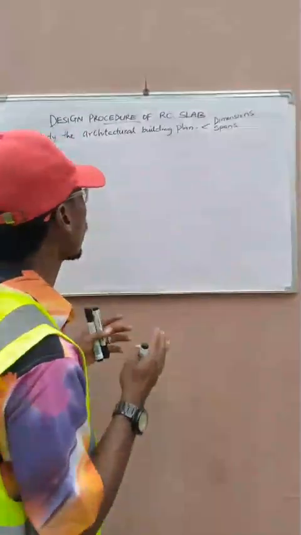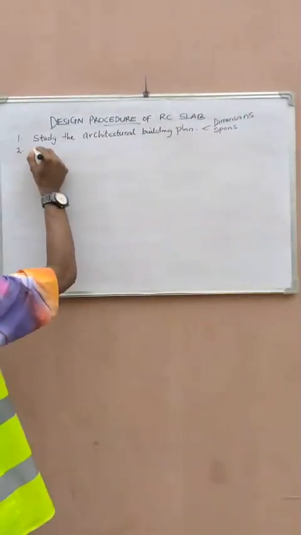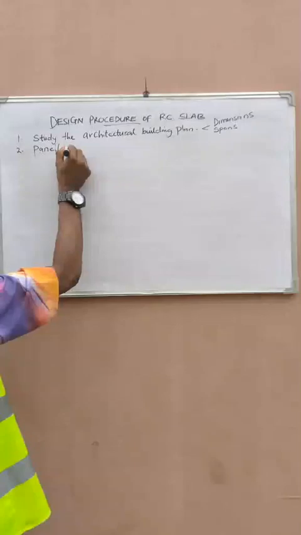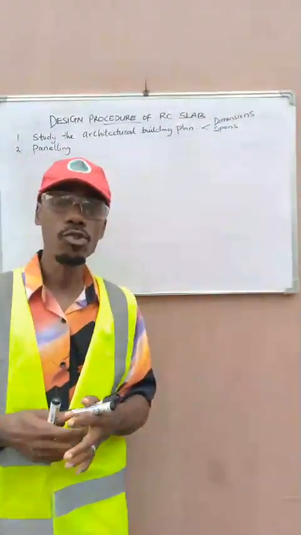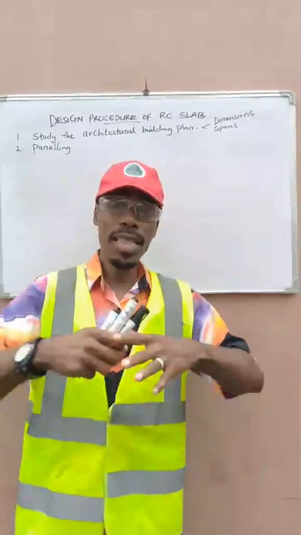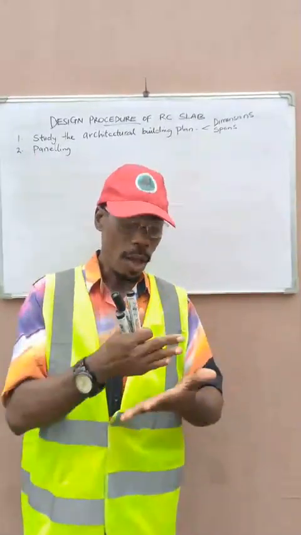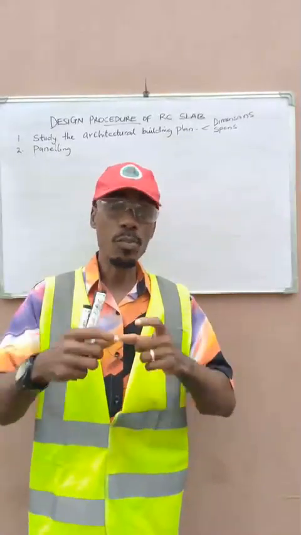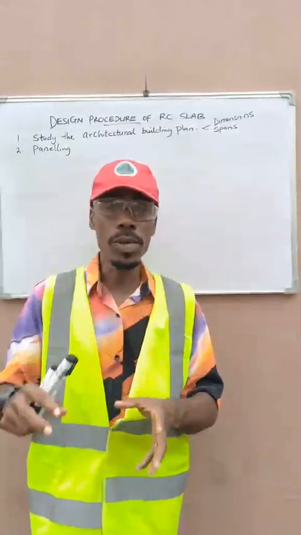Once you have done that, the next thing you're going to do is what we refer to as paneling. Now, paneling has to do with, like I said, your slab being one unit. But when you want to design, you need to split the slab into panels, smaller units, so you have to design each of those units.